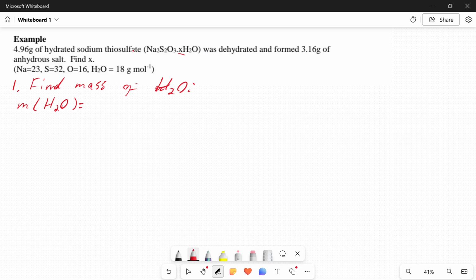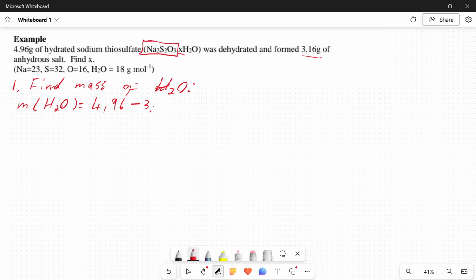We will see that if there is water on this substance, the mass is 4,96. So we'll take that 4,96 and subtract our anhydrous. Our anhydrous is this substance here, the Na2S2O3. That is our anhydrous, and its mass is 3,16.